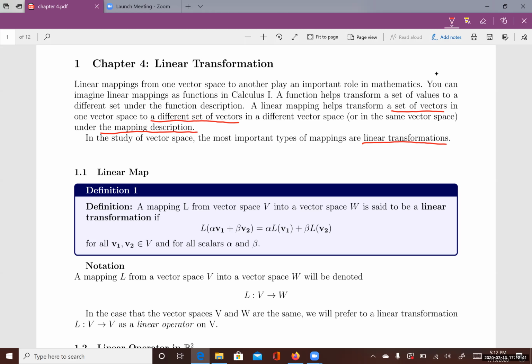Well, let's talk about the definition of a linear map.